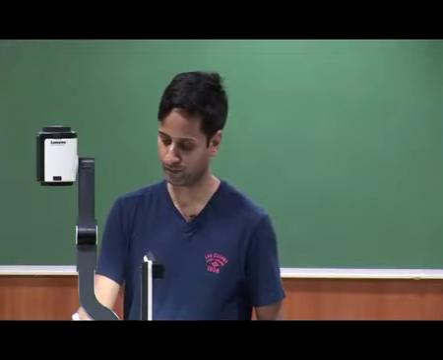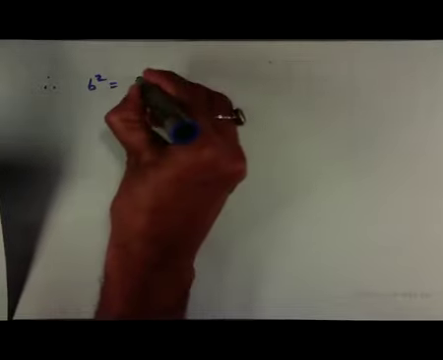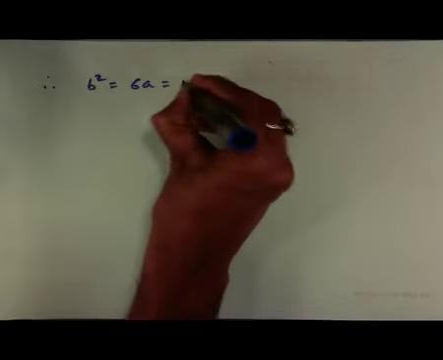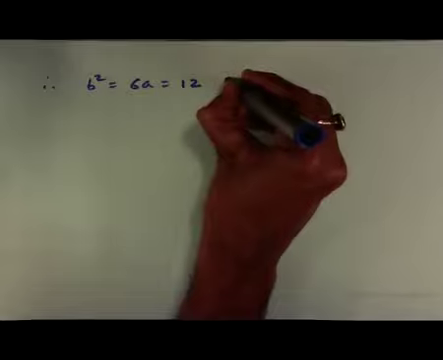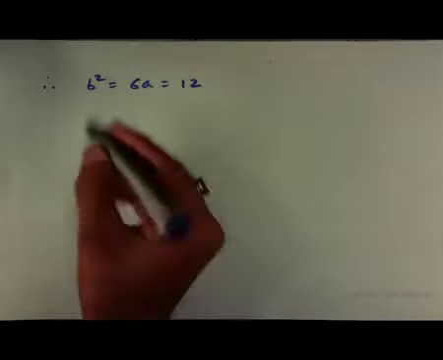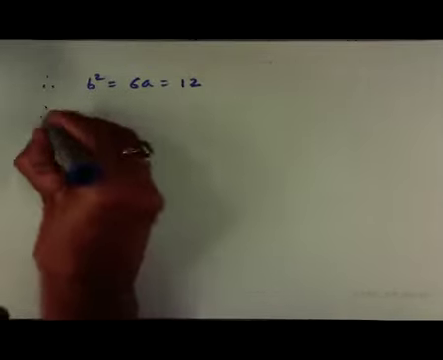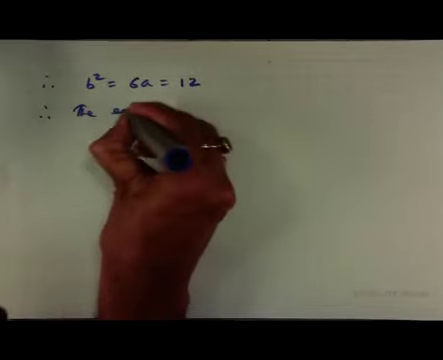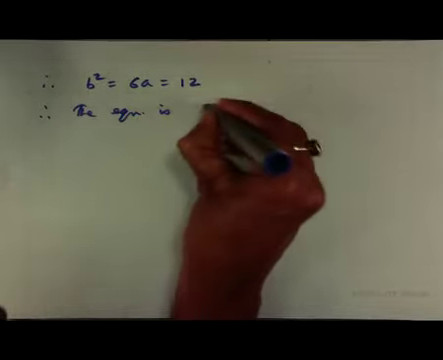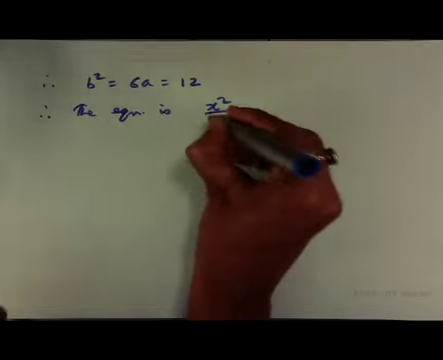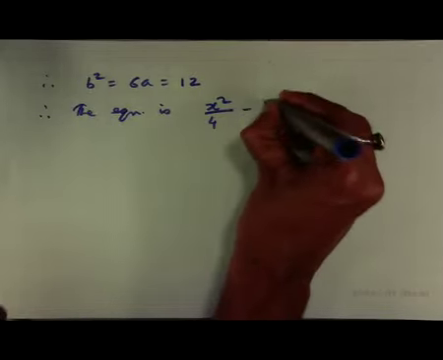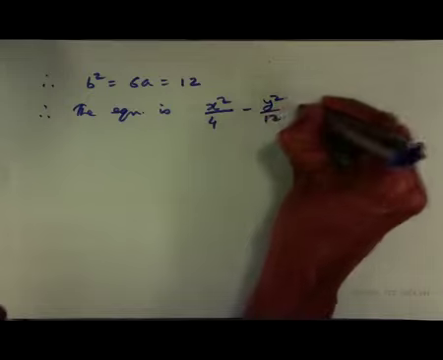Therefore, b square is equal to 6a, which is equal to 12. This implies we need b square and a square. So, therefore, the equation is x square by a square, which is 4, minus y square by 12 equal to 1.